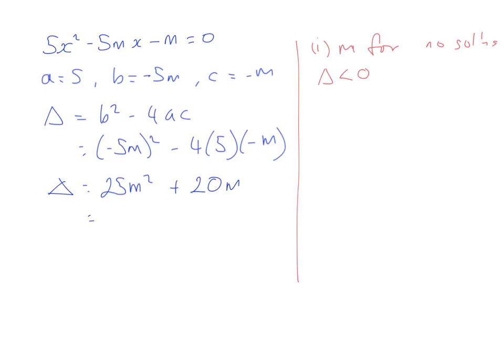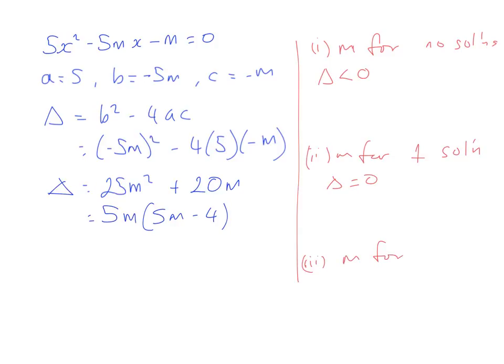I'm going to take a 5m out, and I'm left with 5m minus 4. Part 1 was that, part 2 is m for one solution, and that's when delta equals 0, and part 3 will be m for two solutions, and that's when delta is greater than 0, or discriminant, sorry.